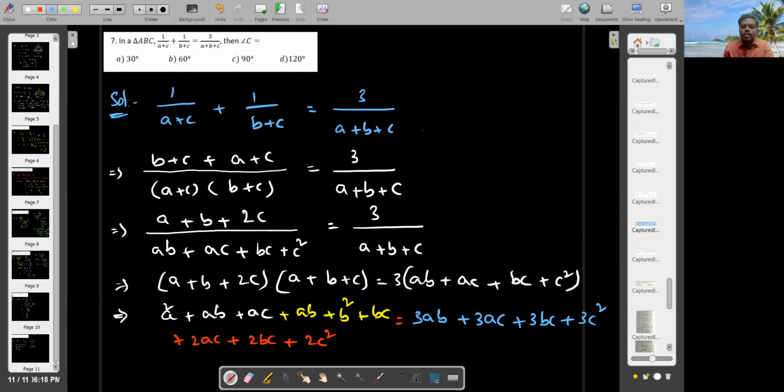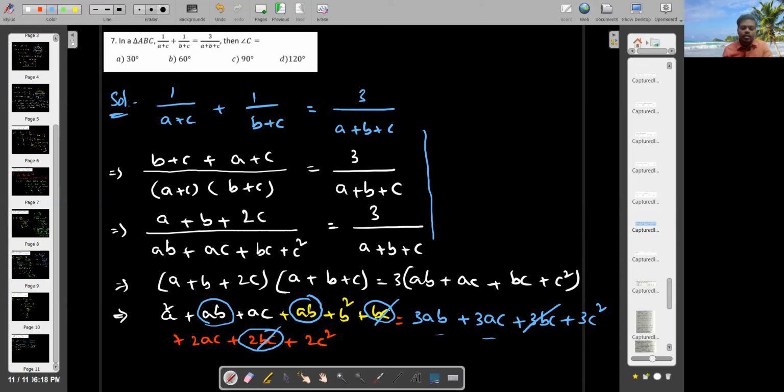Then we get the result. Here 3ab and 3ac. So ab, this is ab, here also ab, 2ab. So we cannot cancel. Then bc, this is bc and this is 2bc. Total 3bc, so total 3bc gets cancelled.